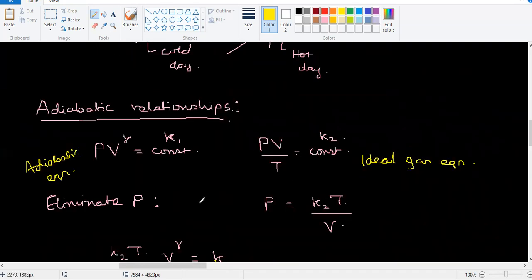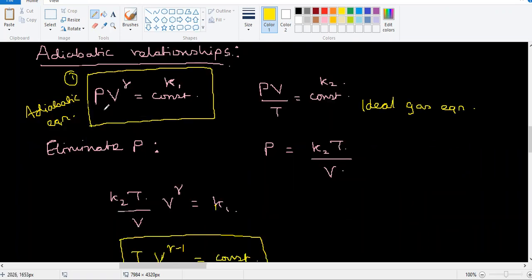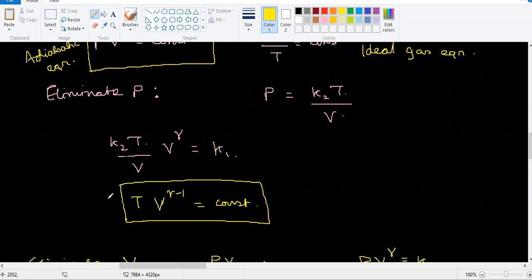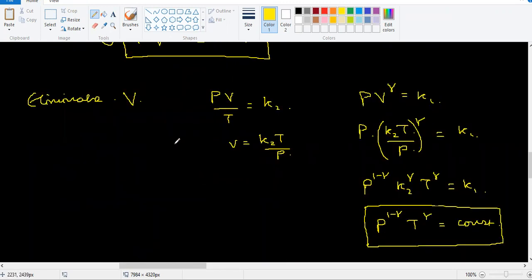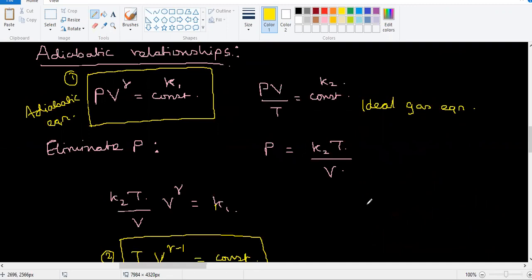All three are the same, only given in different forms. This first relationship in adiabatic is where we eliminate P, so you get a relationship between T and V. Here you eliminate V, so you get a relationship in terms of P and T. All three are the same, and all of them are adiabatic relationships.